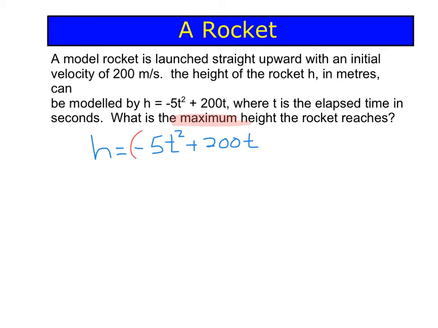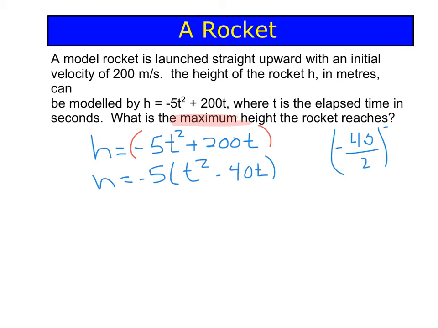So we need to common factor out that negative 5. T squared minus 40t. Now, half of 40 is 20. Twenty squared is 400.